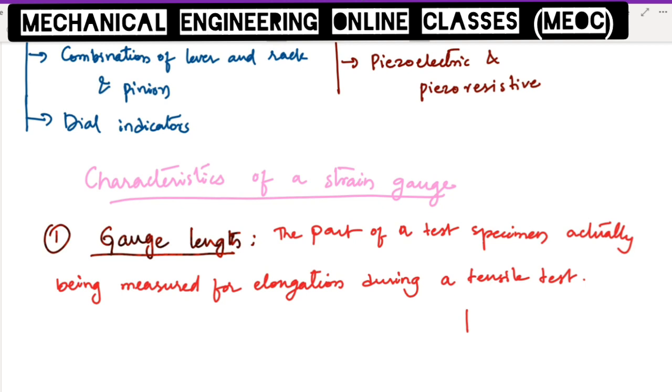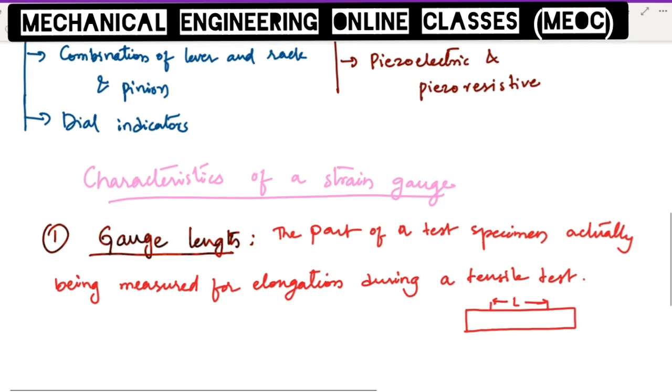If I have a component like this, I will choose only a particular length, and that length is called gauge length. The elongation only within this length of the specimen will be measured.